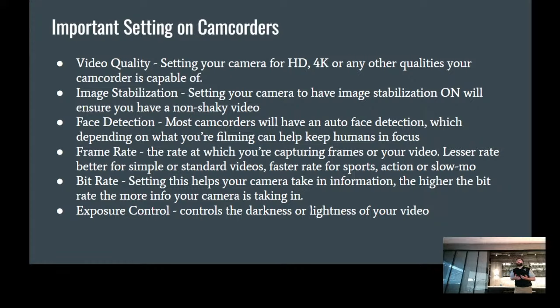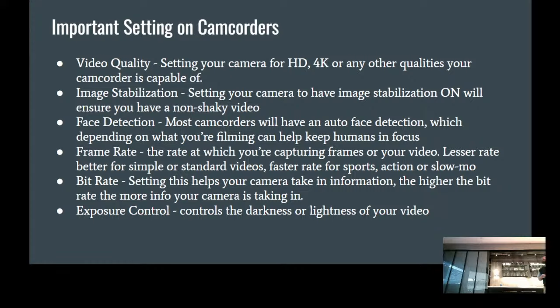And if you're making something that's going to be shown as a commercial or maybe something as a bigger project, then you probably want to go more of the 4K route. Image stabilization. Setting your camera to have image stabilization on will ensure you have a non-shaky video. Face detection. Most camcorders will have an auto face detection, which depending on what you're filming can keep humans in focus.